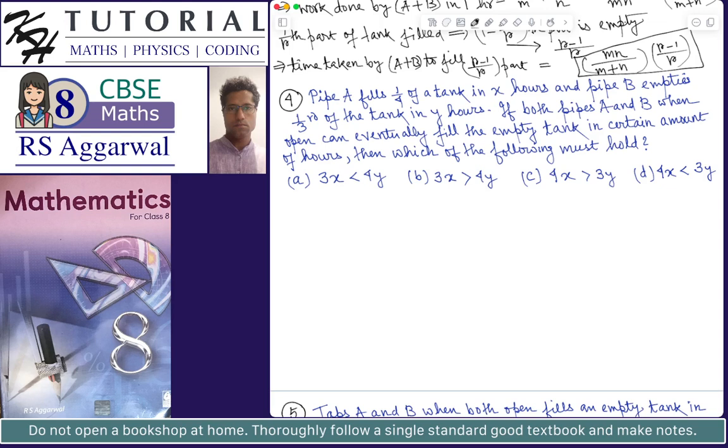Okay, so let's see. It is given that pipe A fills 1/4 of a tank in X hours.